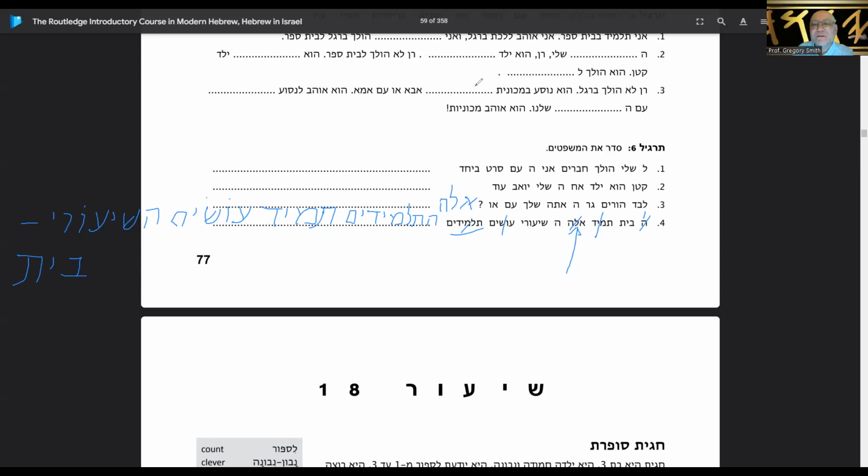But that might not be what their order is. Let's see what their order is. Okay, so they don't have Ela in there in front. So they have ha talmidim ha'ela. Oh, that's right. These students, ha talmidim ha'ela, these students, like a declarative statement.